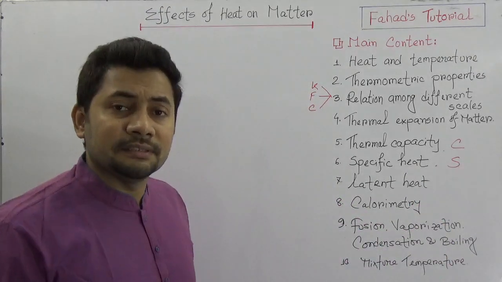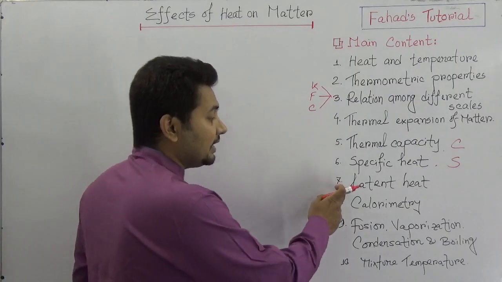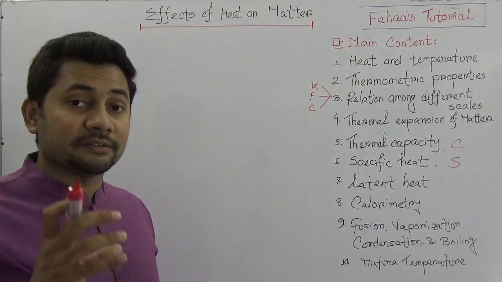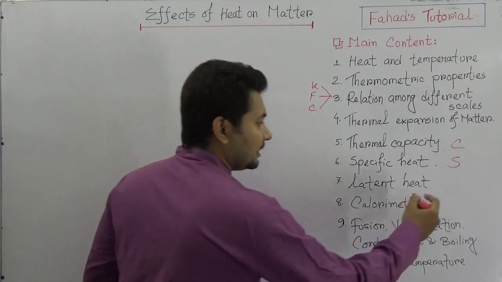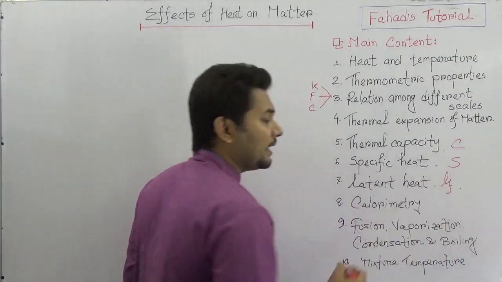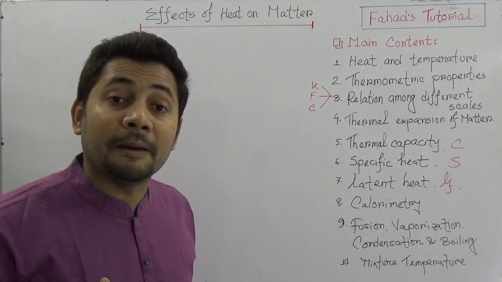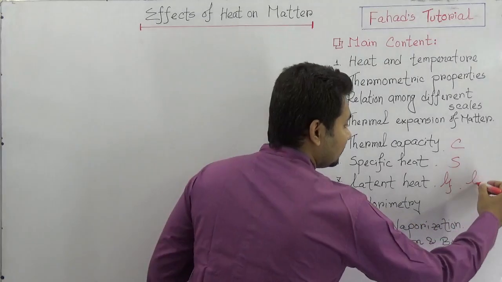Then we definitely need to study the latent heat. In this case, we need to know the latent heat of fusion, which is called LF, and the latent heat of vaporization, that is LV.